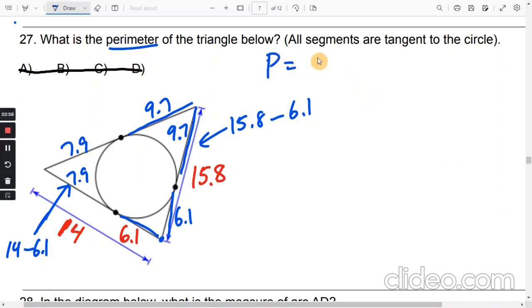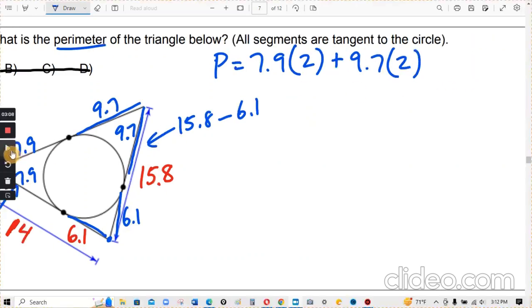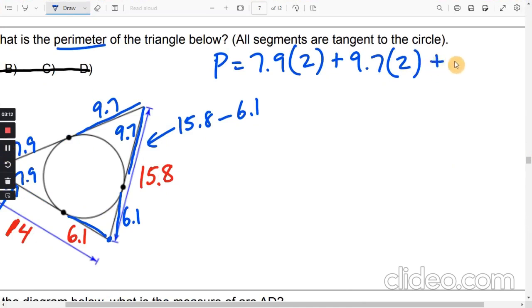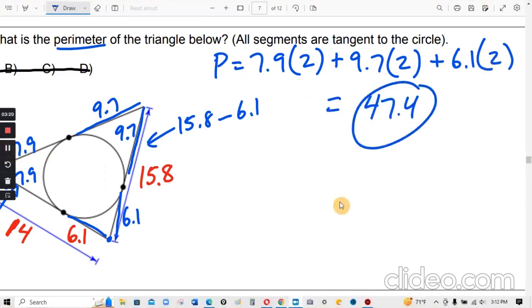We're looking at perimeter P. 7.9 times 2, and then plus 9.7 times 2. And these two, it's going to be 6.1 times 2. All right, I'll do this on the calculator. And I get 47.4 for the perimeter.